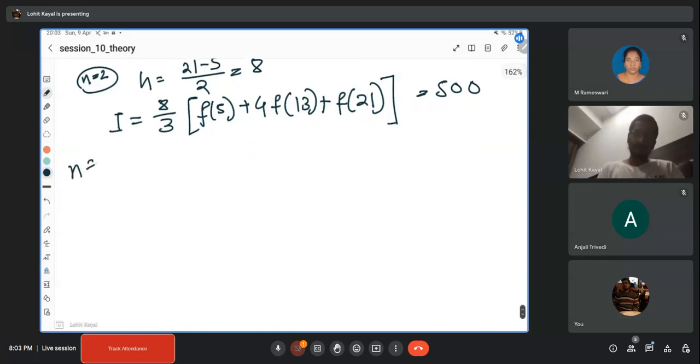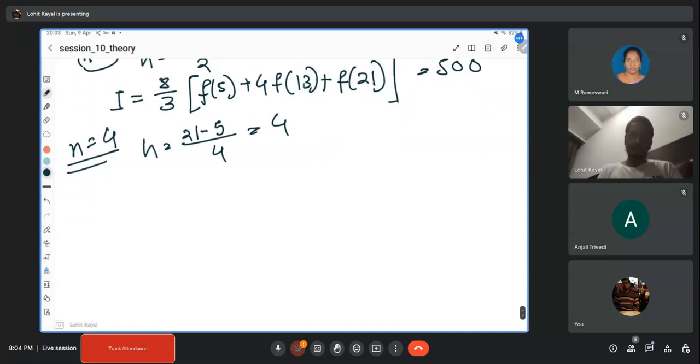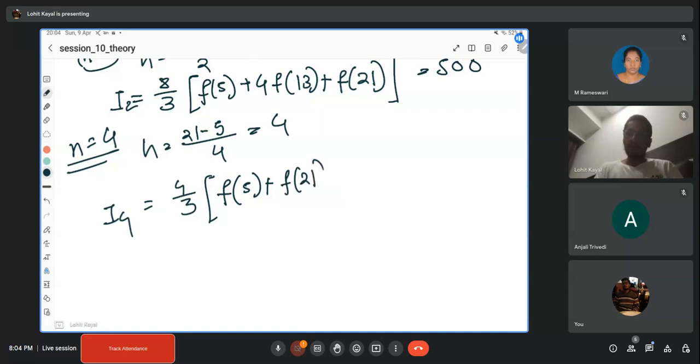Now for n equal to 4, what will be the h? h will be equal to (21 minus 5) by 4, which is equal to 4. Now what will be the result over here? So this is I2, maybe this is I4. I4 will be equal to 4 over 3 times (f(5) plus f(21) plus 4f(9) plus 4f(17)).